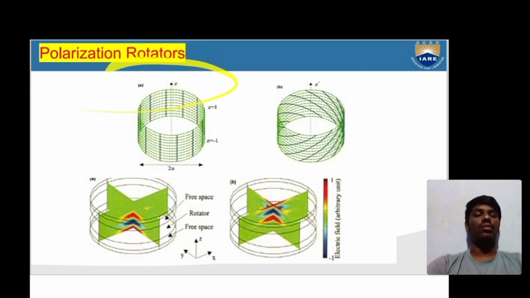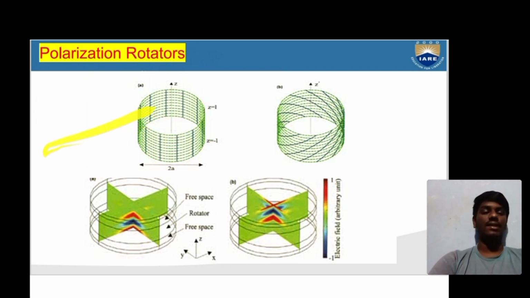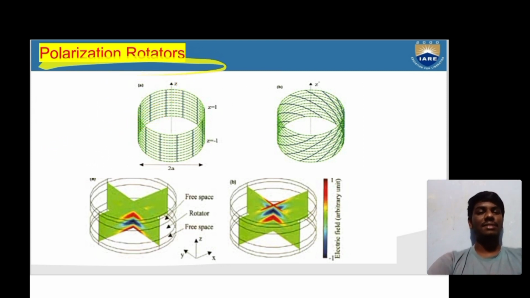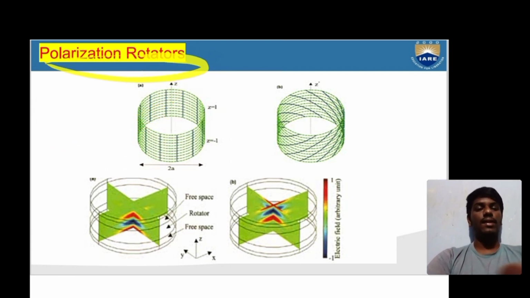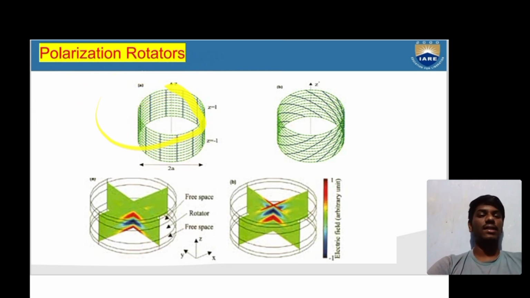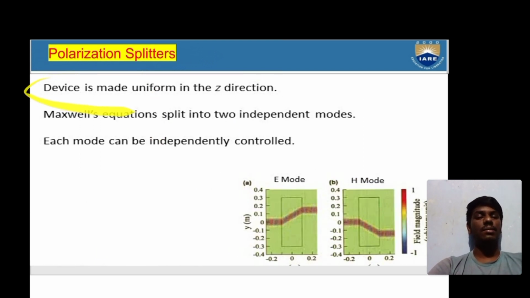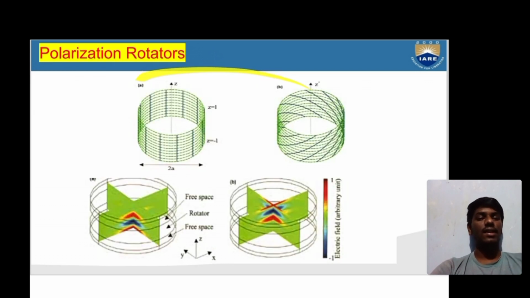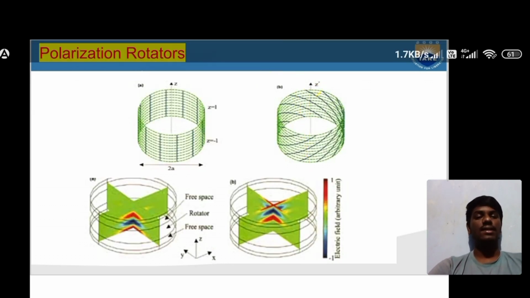Polarization rotators. Before, we were seeing the polarization splitters. Now we are going to see the polarization rotators. See here how the lines are going to rotate. As we discussed, the device is made uniform along the z axis.